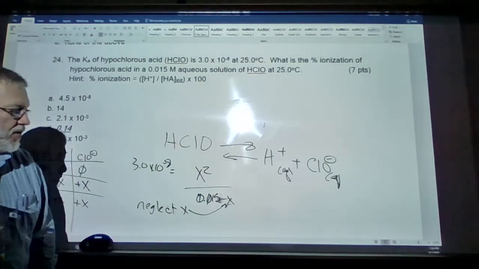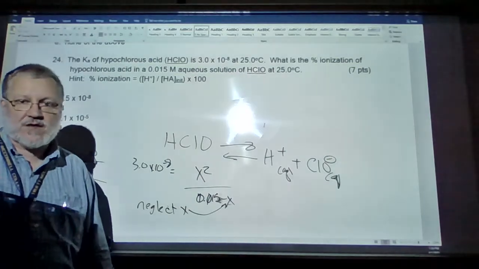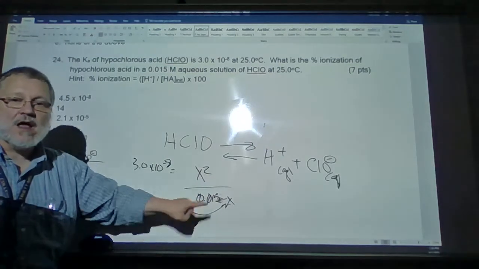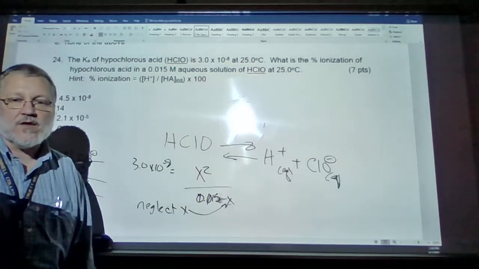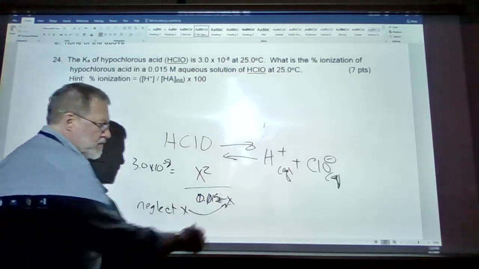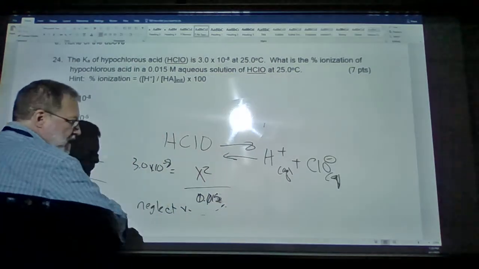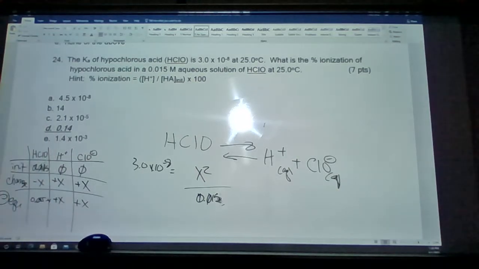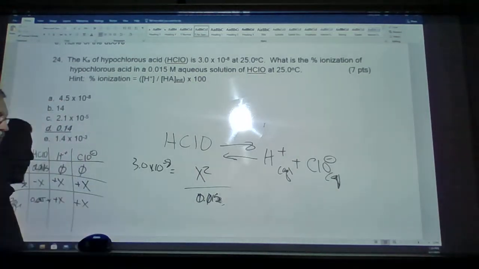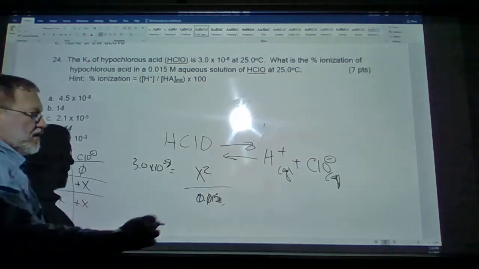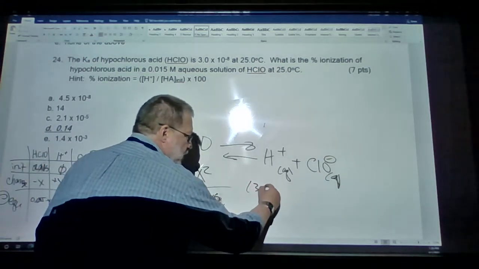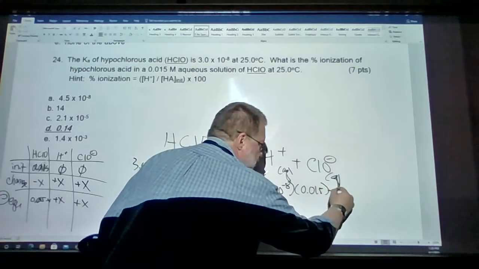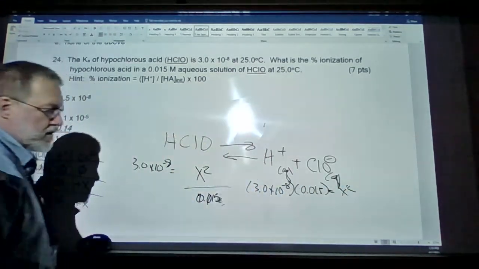So it's 0.015 minus 0.00000 something that is so small compared to this that it is essentially still 0.015. We can neglect the x. That simplifies to 3.0 times 10 to the minus 8th times 0.015 is equal to x squared.